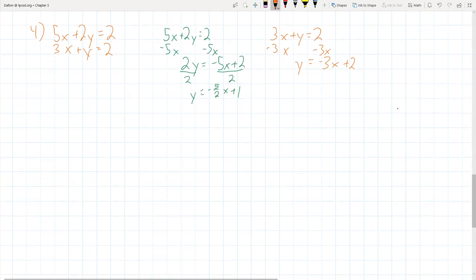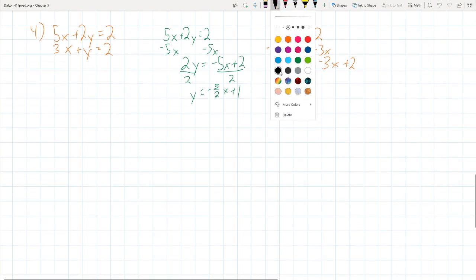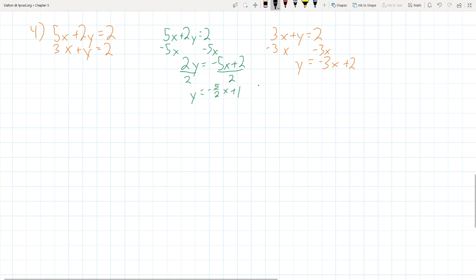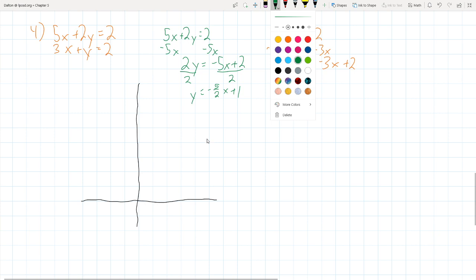Alright, let's go ahead and graph this. Looking at my numbers, I need to go to 1 and I need to go to 2, so I'm going to make it a pretty small little graph. Let's start with the green one. So I go to positive 1.